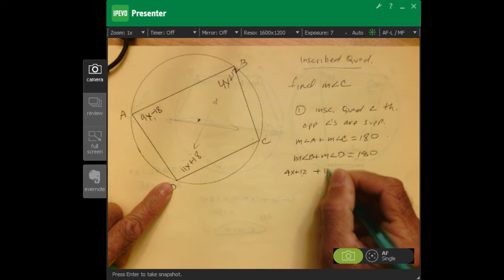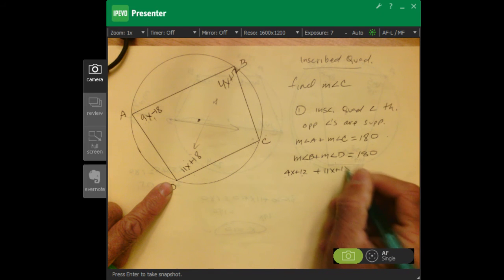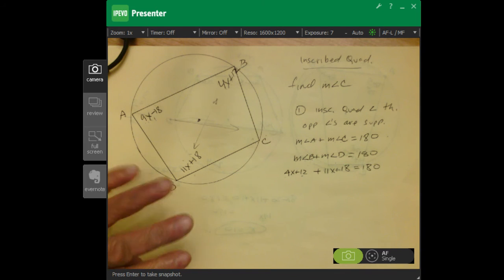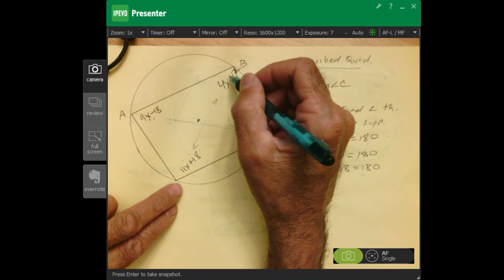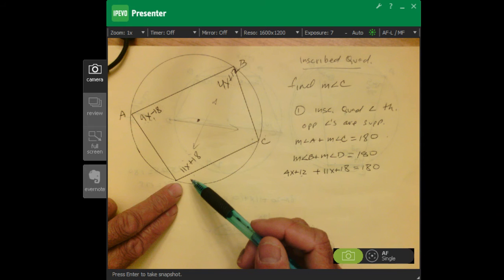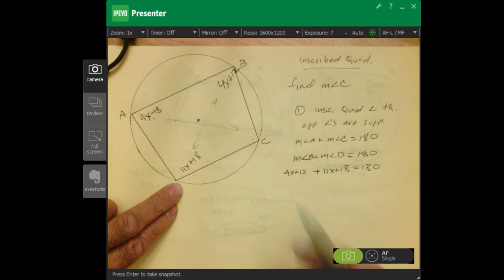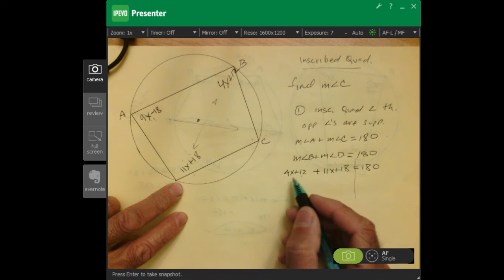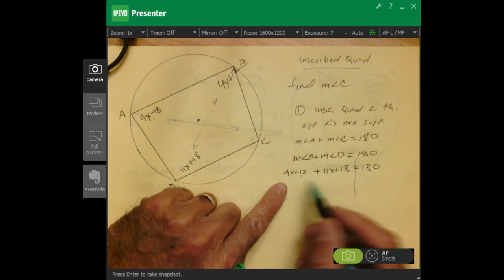So that becomes 11x plus 18 equals 180. That's the first thing you want to be doing: looking at the quadrilateral, thinking about what information we know about it, how we can use it, and then just start plugging it in. So we want to solve this equation for x.